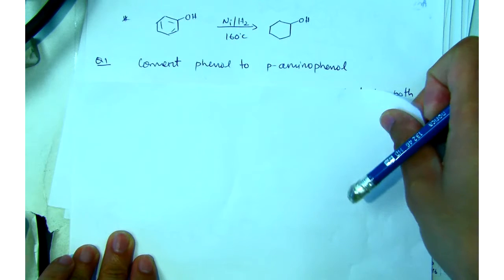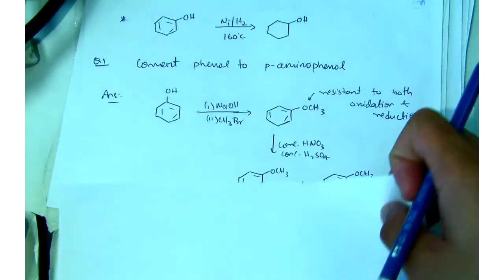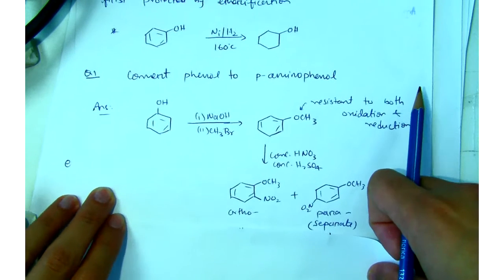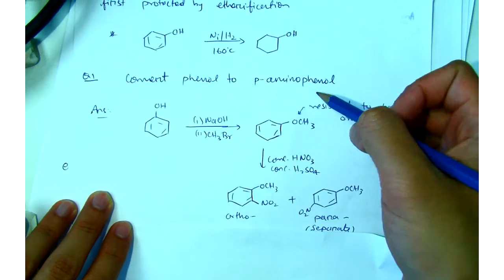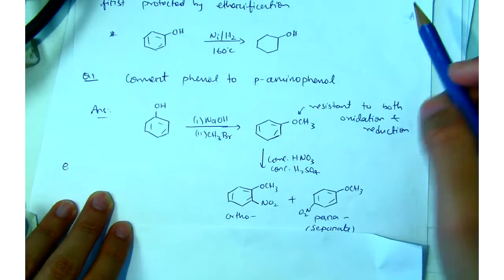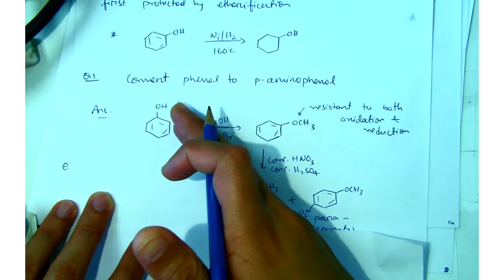Now the thing is, we cannot do nitration directly on phenol. Generally it's not done because the phenol also gets oxidized, the OH group also gets oxidized.